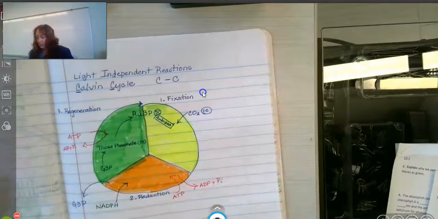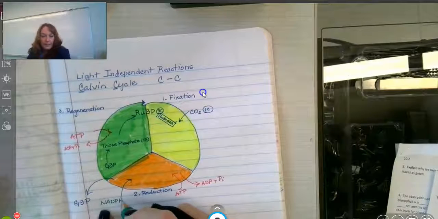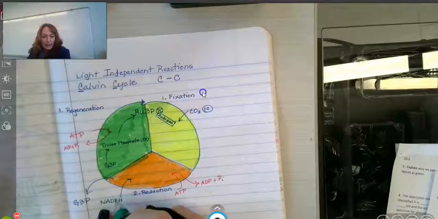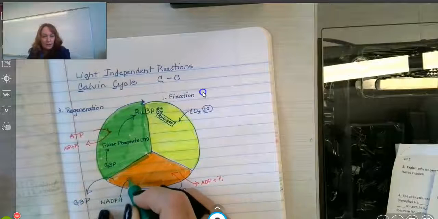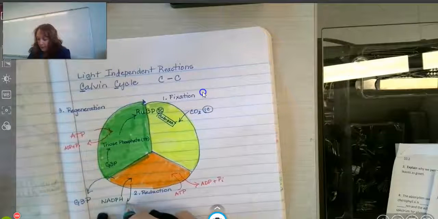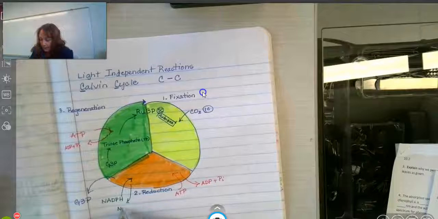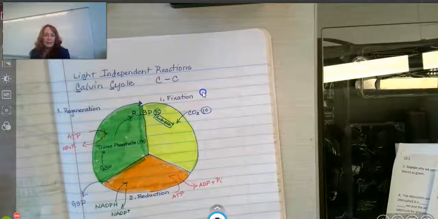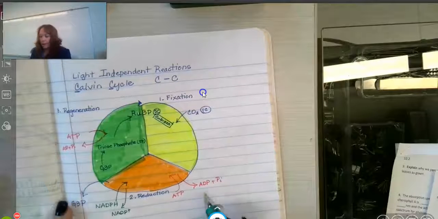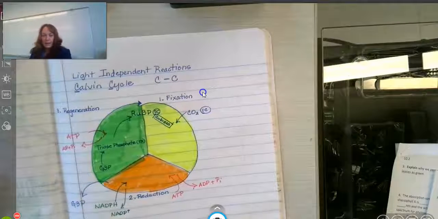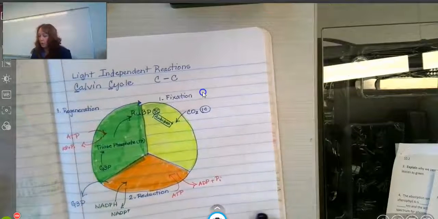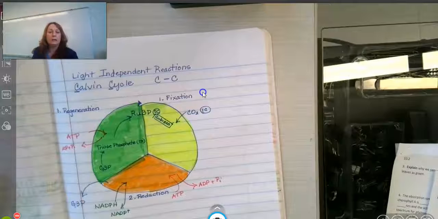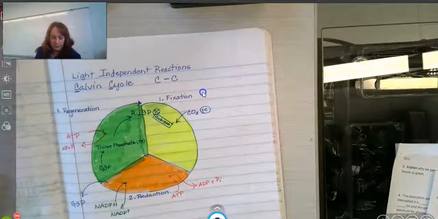You know where I'm going. Once I pull the electrons out of NADPH, it's the full. Then I'm going to create the empty, the oxidized form, NADP. All of the empties can go back to the light reaction, which once we start writing the stuff down at the bottom, then we'll put all that information in there.